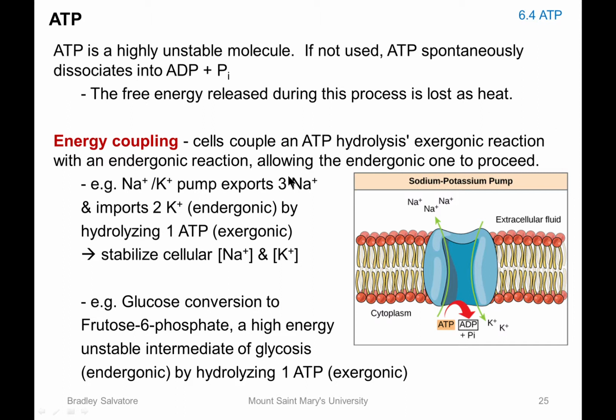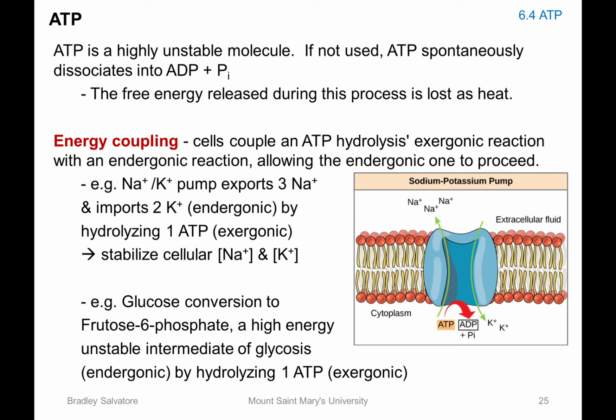So the bottom line of this energy coupling is you couple an energy-requiring endergonic reaction with an energy-producing exergonic reaction. And for most of our cellular processes inside our body, that will be ATP hydrolysis.